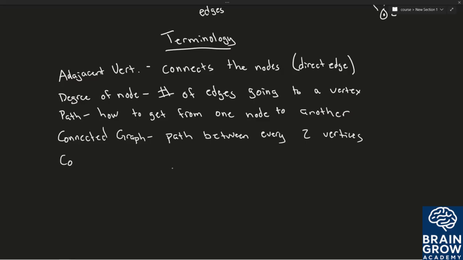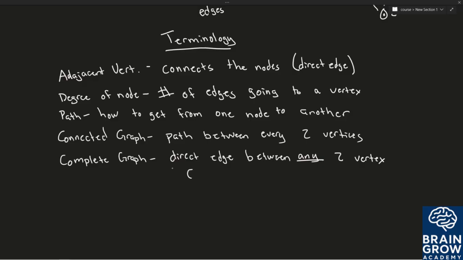And we also have a complete graph. This means that there is a direct edge between any two vertices.